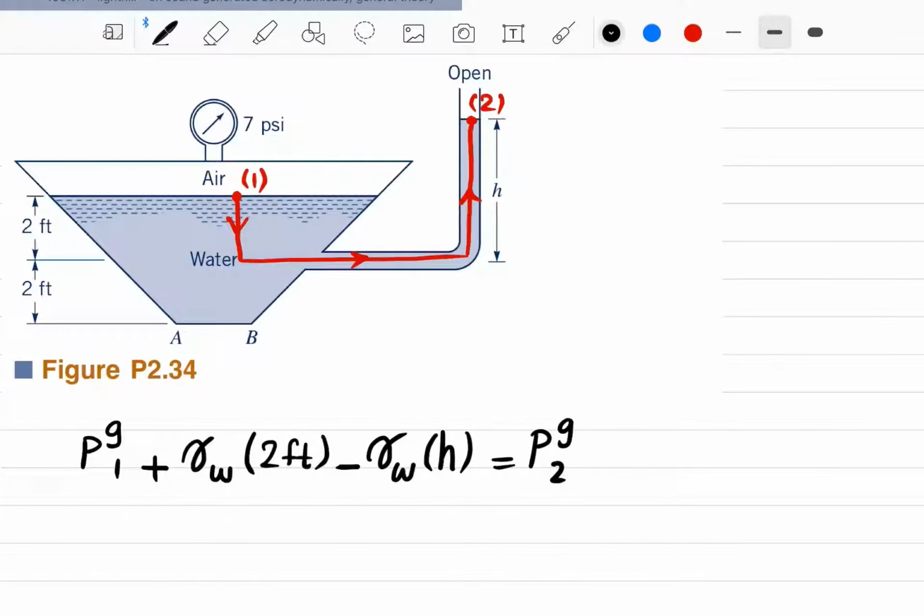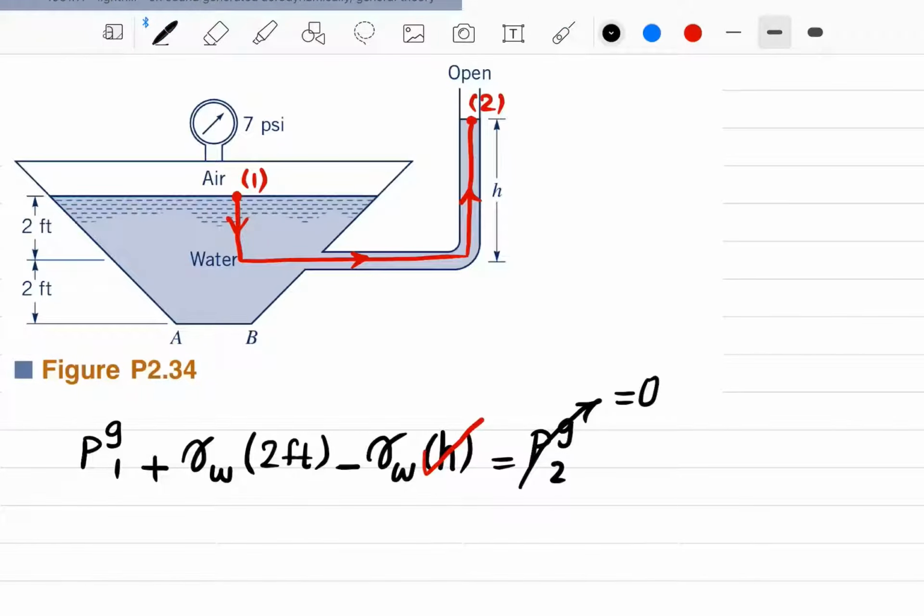And as we know, since it's open, the gauge pressure at point 2 is 0. And here we have the value of gauge pressure at point 1 at 7 psi. We have the specific weight of water, so we can easily find the value of H.